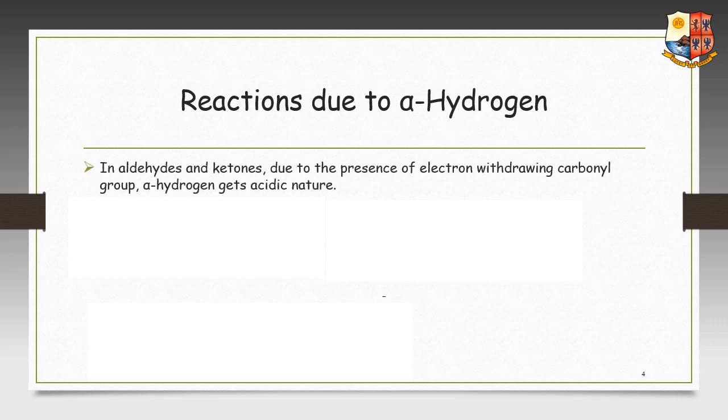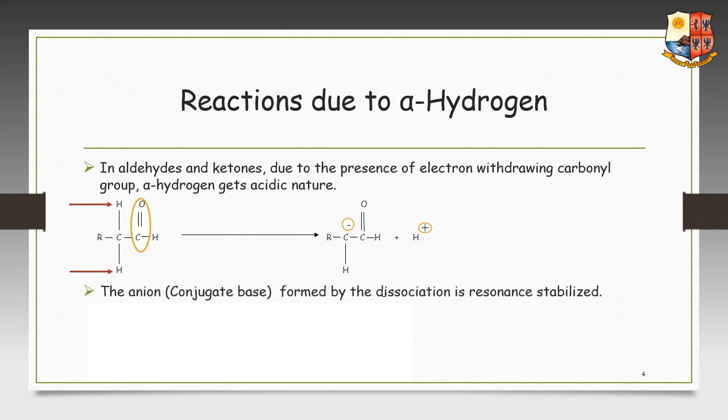Number 1. In aldehydes and ketones, due to the presence of an electron withdrawing carbonyl group, the alpha hydrogens get acidic nature. That is, their tendency to come out as a proton is very high. Number 2. The anion formed gets resonance stabilized.